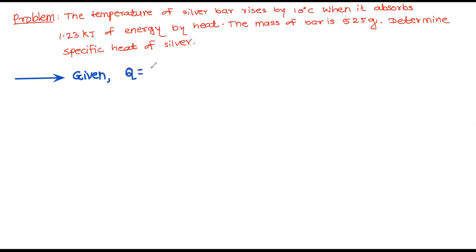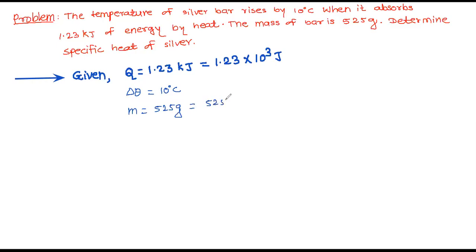Q is equal to 1.23 kilojoule; converting into joule, 1.23 into 10 to the power 3 joule. Delta theta, the rise in temperature, is 10 degrees Celsius; I am keeping it in Celsius only. Mass m is equal to 525 gram, which is 525 into 10 to the power minus 3 kilogram.